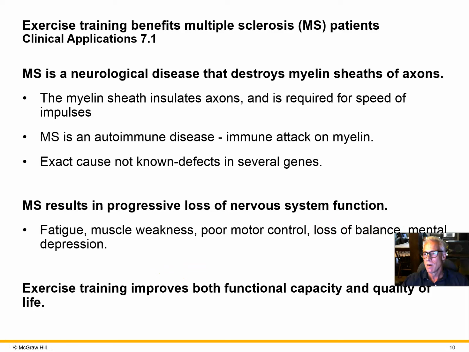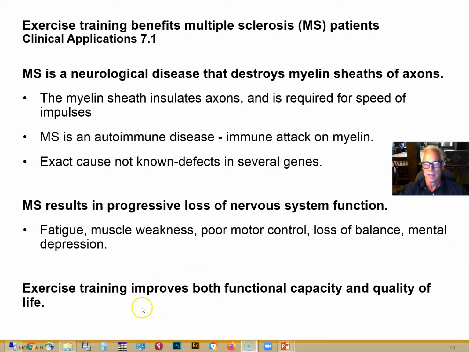One interesting thing about MS and many diseases is that, in spite of the fact that there's no cure for MS, exercise actually improves the quality of life and slows the progression of the disease to some degree. At least it improves the functional capacity in spite of this progressive disease.